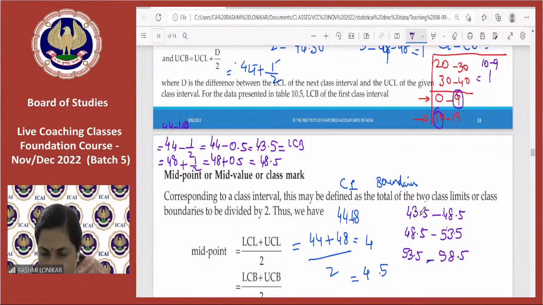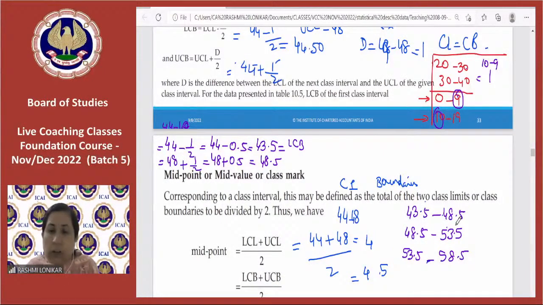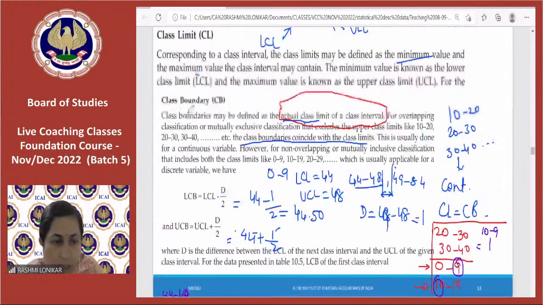Now you can see that all numbers are covered. 43.5 to 48.5, and the next class interval has the lower class boundary as 48.5. So what are class boundaries? They are defined as the actual class limit of a class interval.